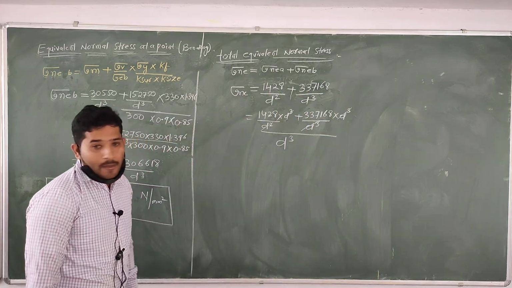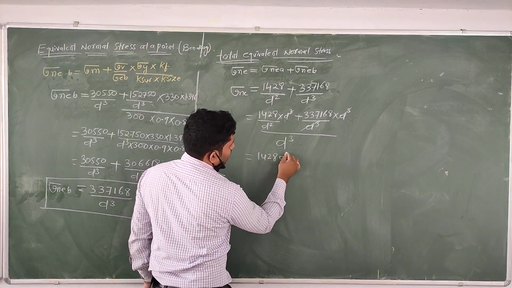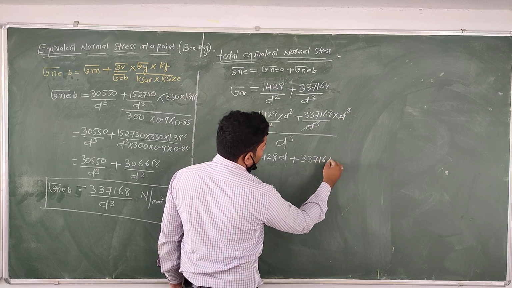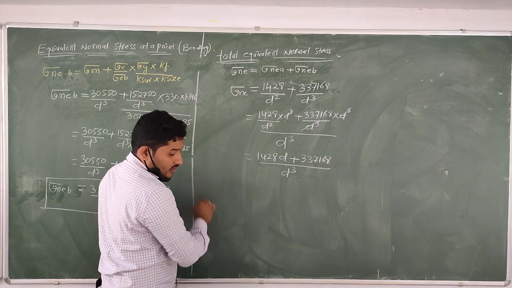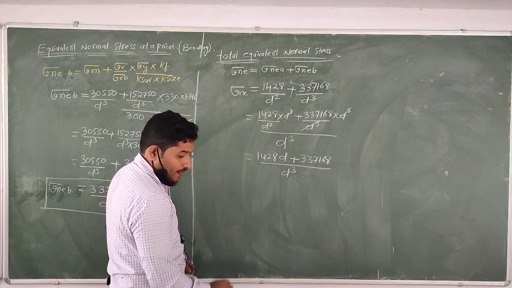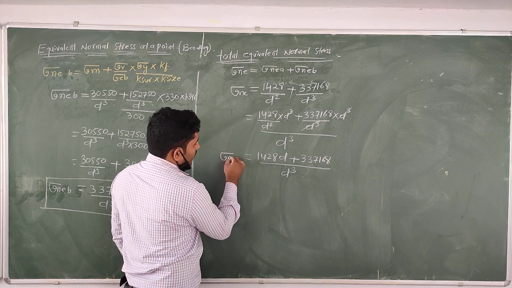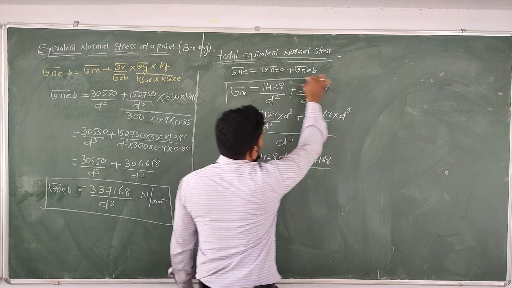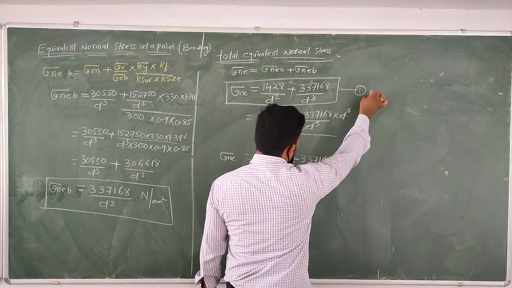Then remaining is 1428D plus 337168 by D cube by sigma NE. Is it right? Sigma NE. Or you can consider up to here also. So it is considered as equation number 1.